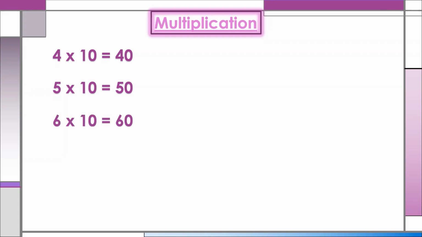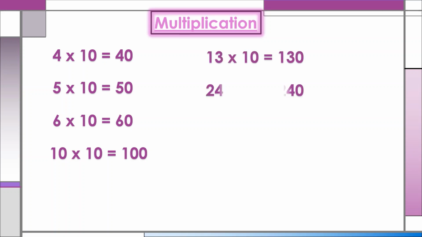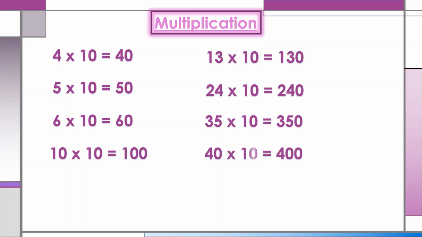Let us see some more examples. 4 tens are 40. 5 tens are 50. 6 tens are 60. 10 tens are 100. 13 tens are 130. 24 tens are 240. 35 tens are 350. 40 tens are 400.